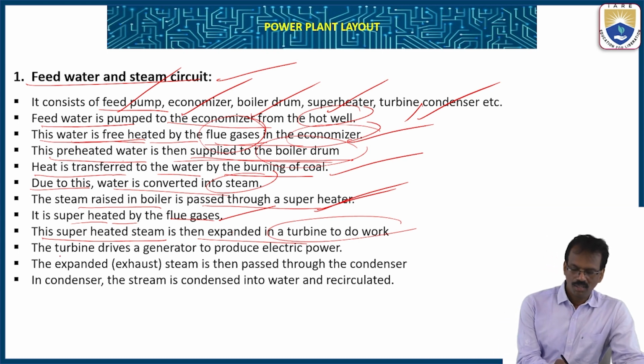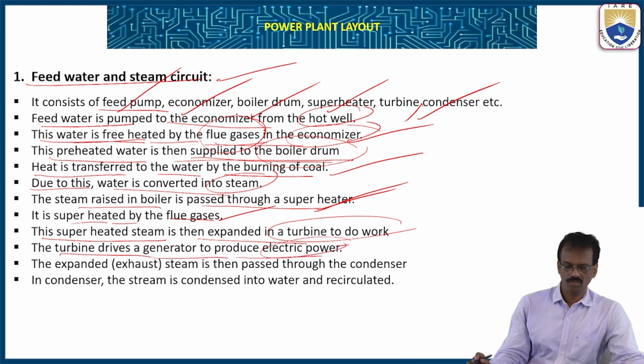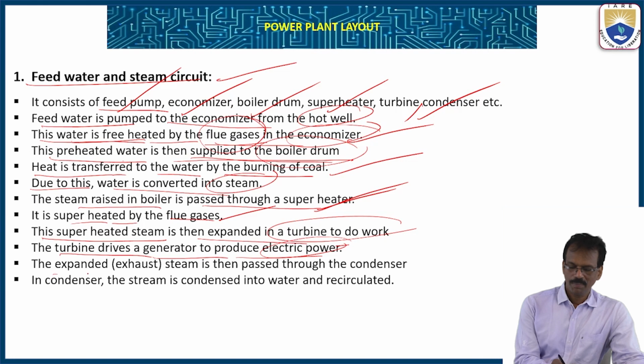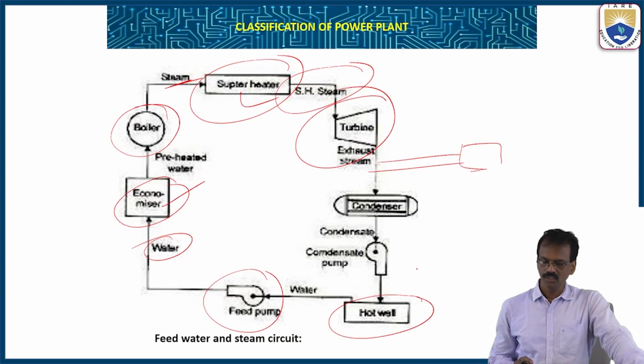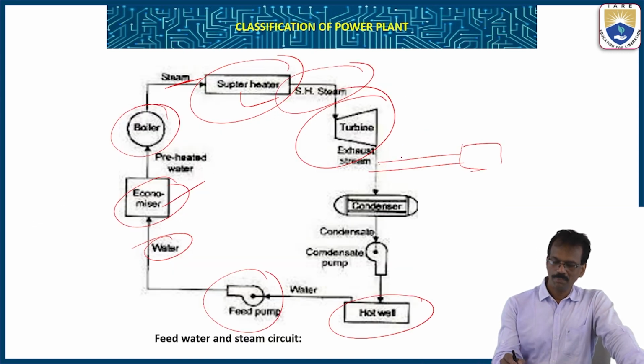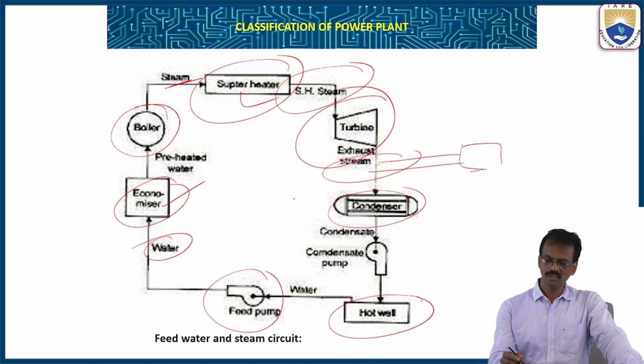The turbine drives a generator to produce electrical energy. So you know this one. The expanded or exhaust steam is then passed through the condenser. In the condenser, the expanded steam is converted, it means changed, to liquid by the help of condensation.